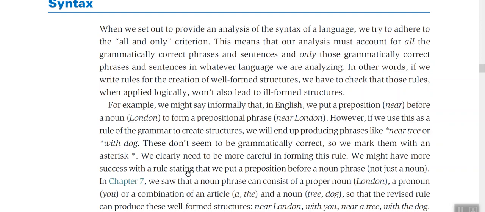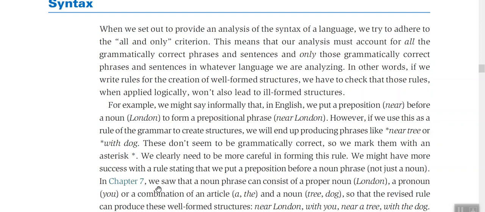We clearly need to be more careful in forming this rule. We might have more success with a rule stating that we put a preposition before a noun phrase, not just a noun. So to make it more applicable, we have to say noun phrase, not just a noun.